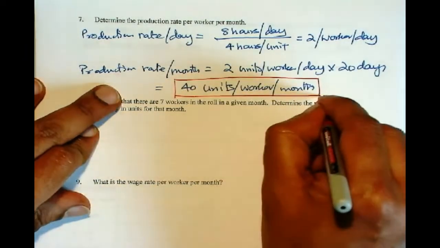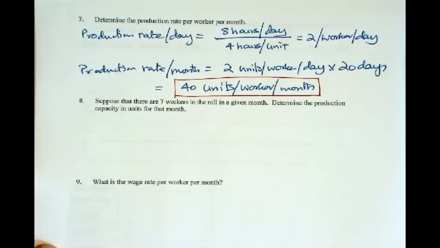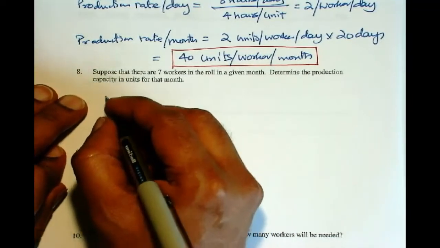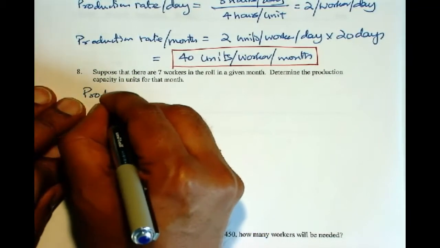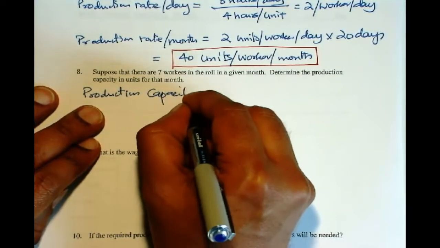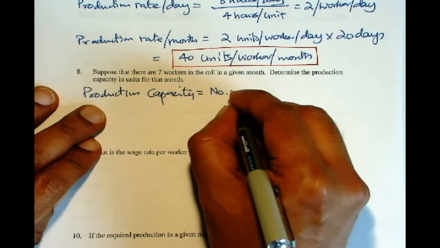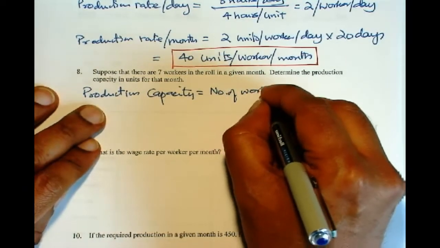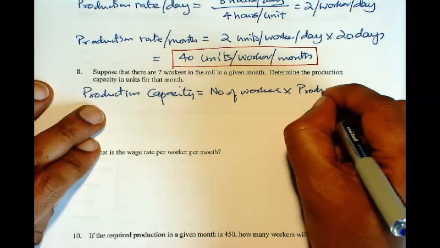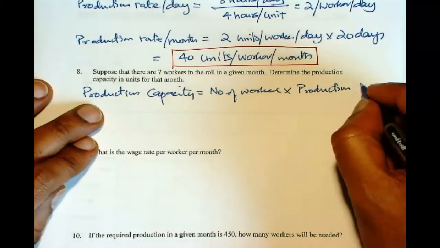Now suppose there are 7 workers. What is the production capacity? So that's the next question. So production capacity is number of workers times production rate per worker per month.